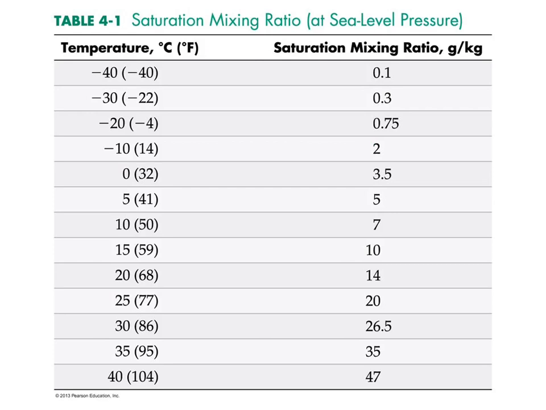So let's pick on a few scenarios. Not these temperatures necessarily, but these temperatures on that curve back there. This actually is the saturation mixing ratio. The Celsius is without the brackets, so we picked on 35.